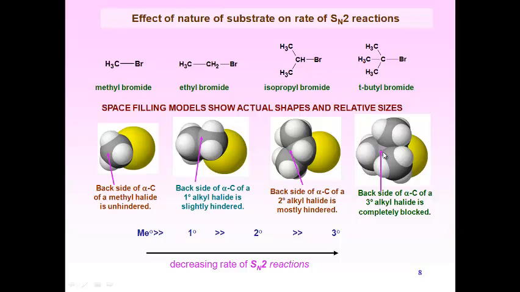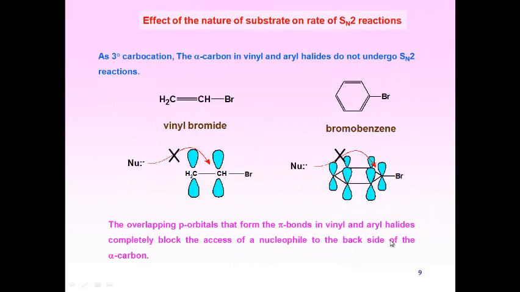Let us consider tertiary alkyl halide, in which the backside of the alpha carbon is completely blocked. Like tertiary halides, vinyl and aryl halides do not undergo SN2 reactions because the overlapping of p orbitals to form the pi bonds in vinyl and aryl halides completely blocks the access of a nucleophile to the backside of the alpha carbon.